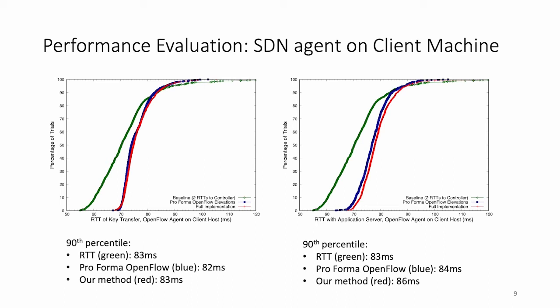The full implementation of our system, shown by the red line on the figures, only adds up to 3 milliseconds to the original round-trip time. So we can see that having the SDN agent on the on-host device outperforms the SDN agent on the physical router. We have such a result because usually an on-host device has more computation resources than the physical router.